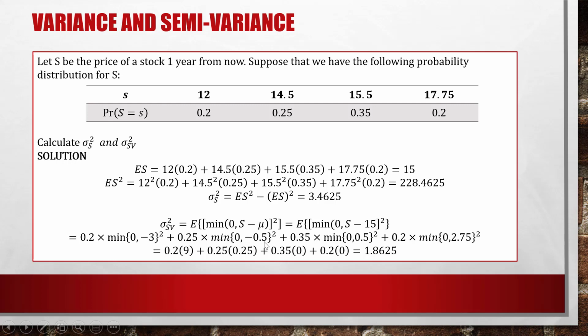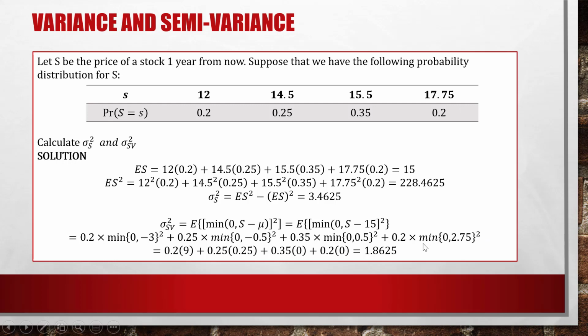For the second group, we take 14.5 subtract 15. We got -0.5. That is the second deviation. The next group, we got 15.5 subtract 15, which is 0.5. This is a positive deviation. And the last group, we got 17.75 subtract 15 is 2.75. This is a positive deviation.